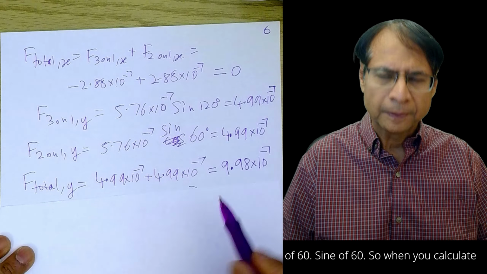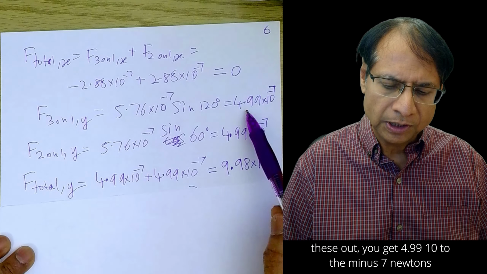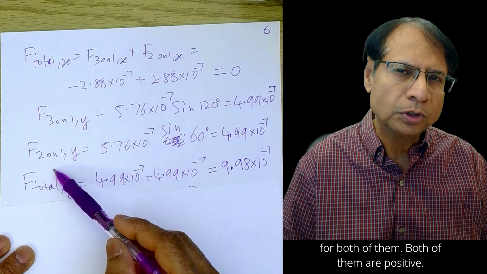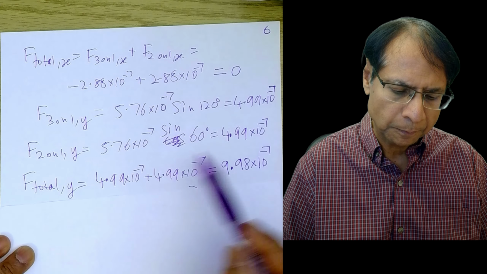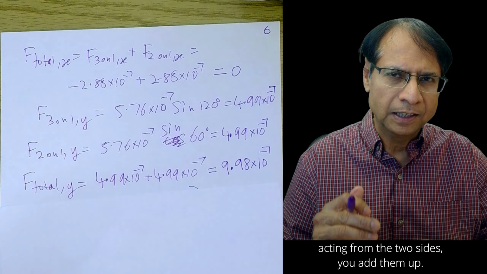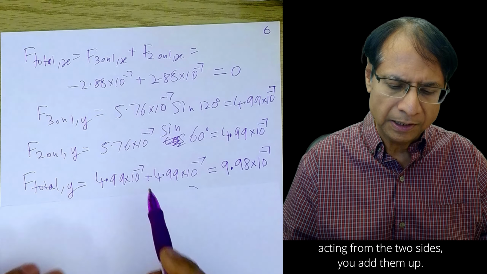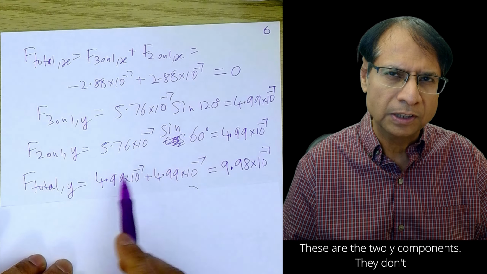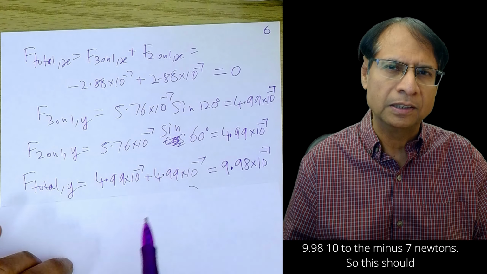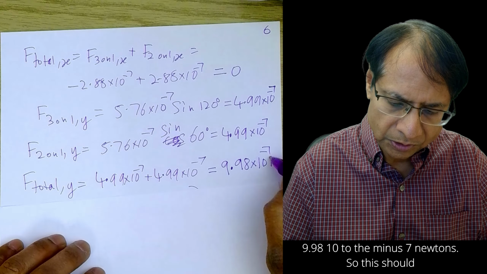When you calculate these out, you get 4.99 times 10 to the minus 7 newtons for both of them. Both of them are positive. So for the total y component of the electric forces acting from the two sides, you add them up. These are the two y components. They don't cancel. Both are positive. You end up with 9.98 times 10 to the minus 7 newtons.